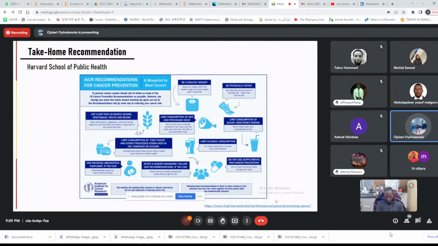For mothers, one of the things that is encouraged is breastfeeding, though that's not nutrition, but in a way they are all linked. So if we have time, we can look at this chart and help ourselves to familiarize more with these things.